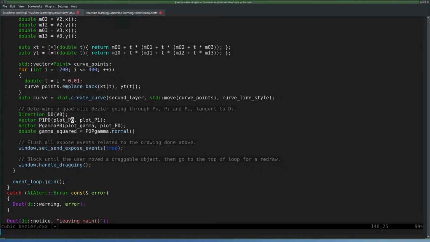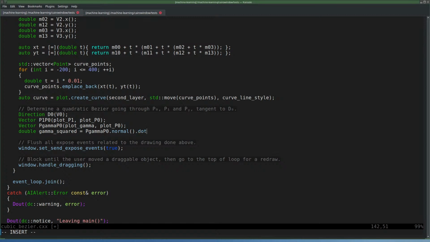This one too. No, that is P1, P0. From P1 to P0 and from P gamma to P0. And now I can use P gamma P0 normal.